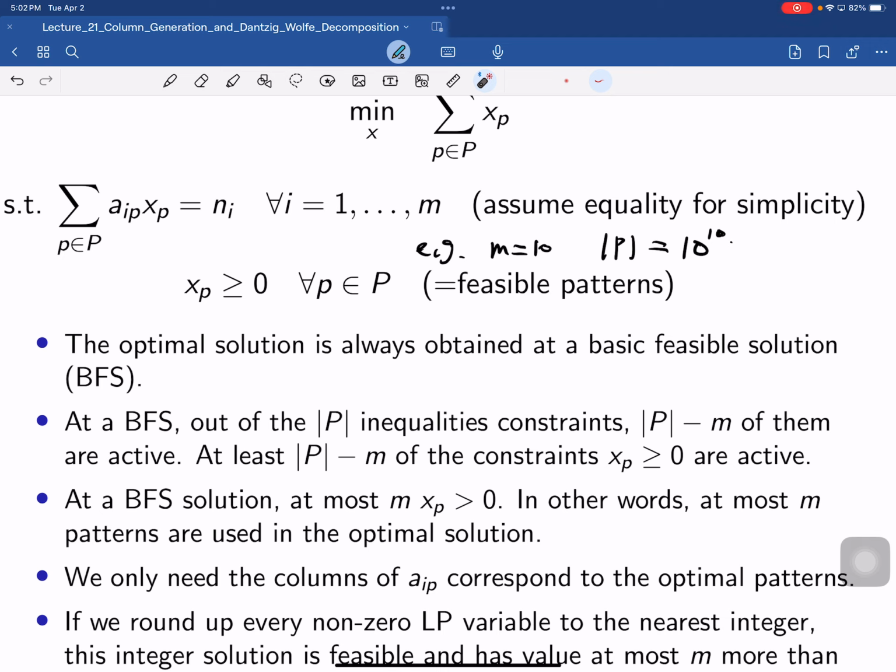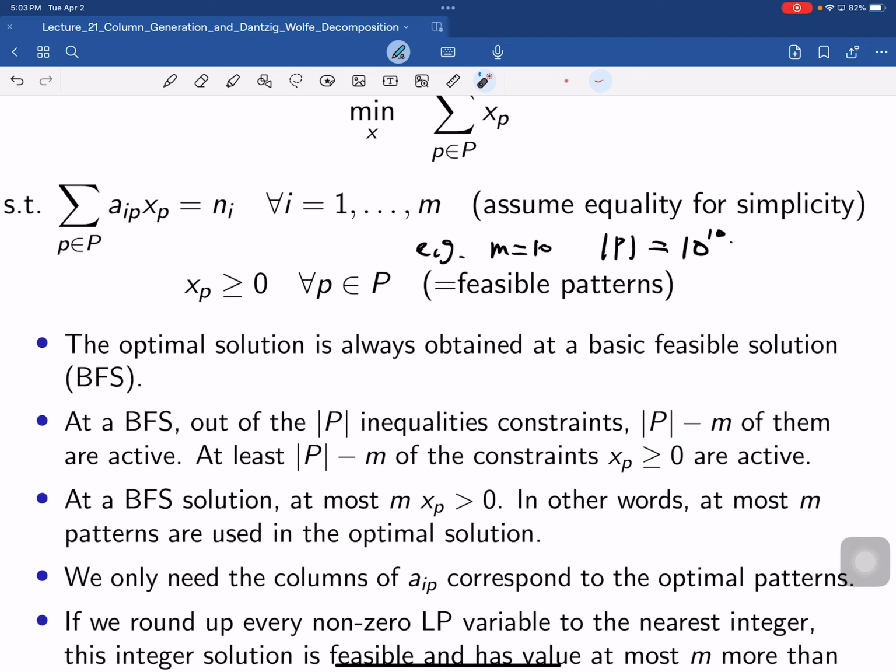We only have 10 equality constraints, right? And at a basic feasible solution, you need 10 billion constraints that are active, right? So in other words, in a basic feasible solution of this problem, most of those variables xp are 0, right? You can have at most 10 non-zero xp's in this problem, right?